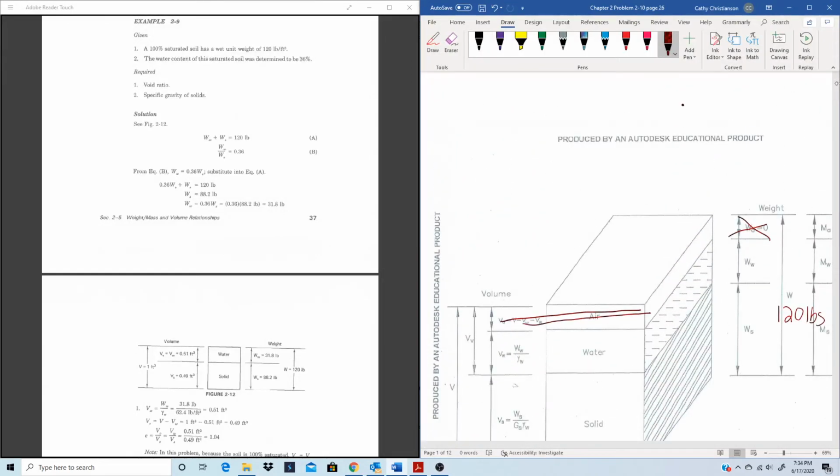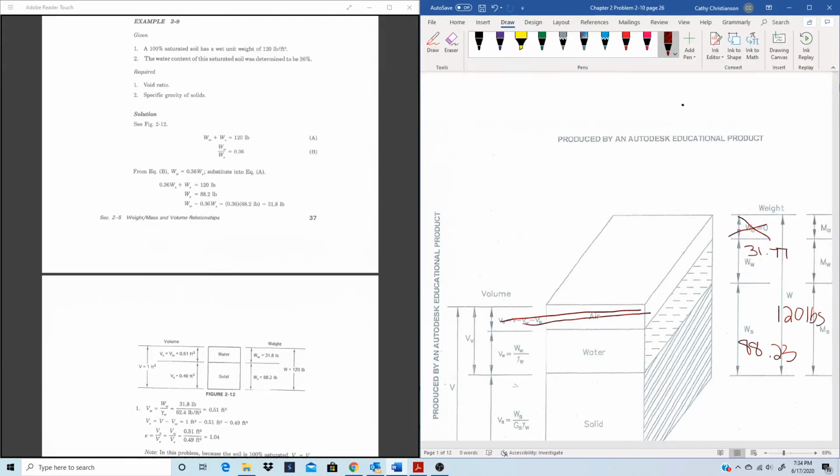So we just solved the weight of the solid, and I had 88.23, and we solved for the weight of the water, and I got 31.77.